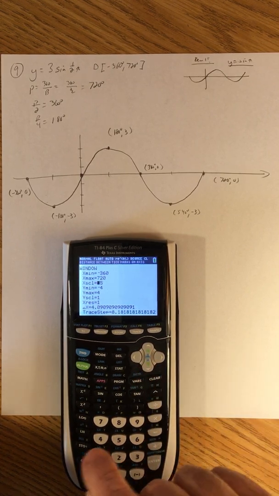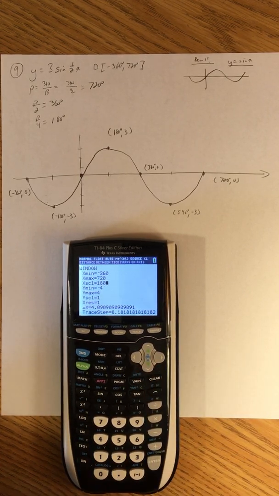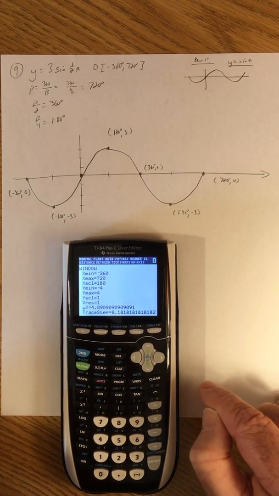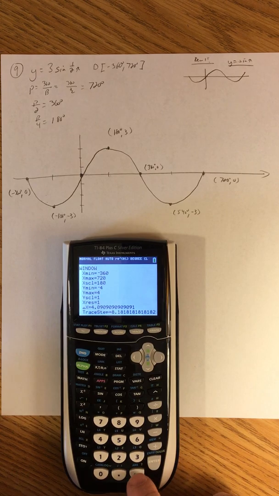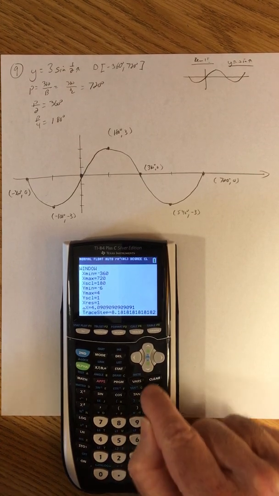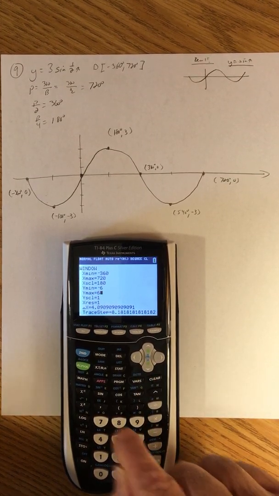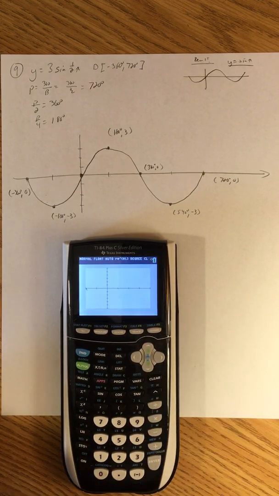Tick marks every 180, quarter cycle. Okay, y min negative 4 to 4. Let's stretch that out a little bit. Let's make that negative 6 to positive 6 by 1. All right, here we go. All right, looking good. That's what you call checking by grapher.